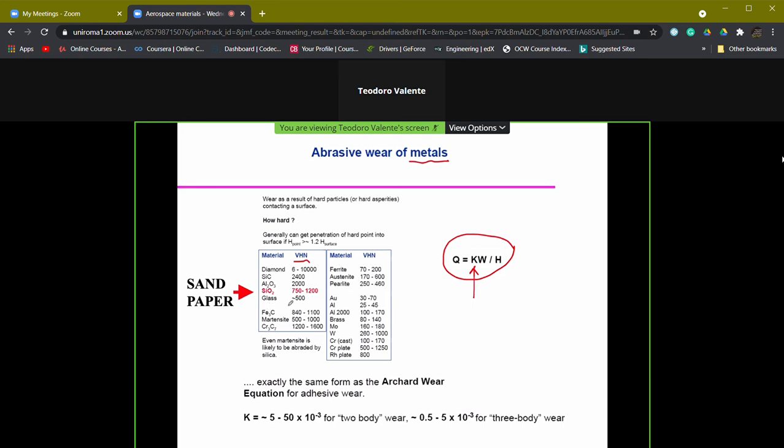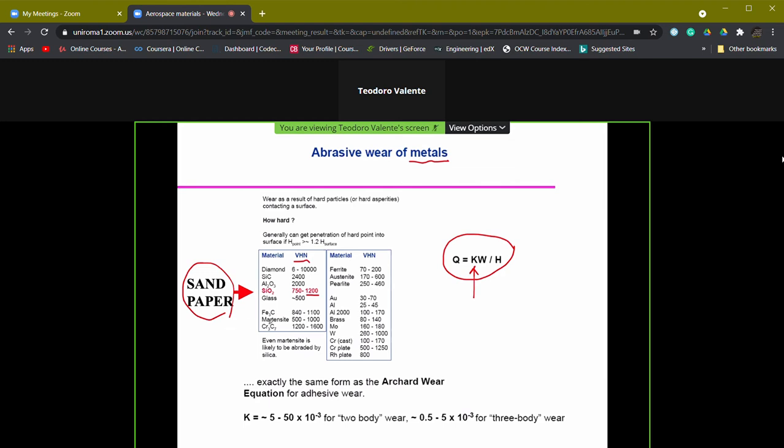I just pointed out the value of silica, silicon oxide, which is at maximum 1,200 Vickers, and this kind of material is used, for example, for cleaning and polishing by sandpaper that you can find also in normal shops.